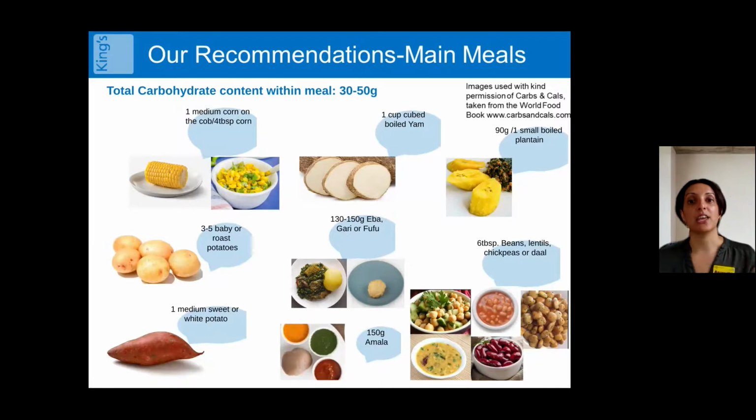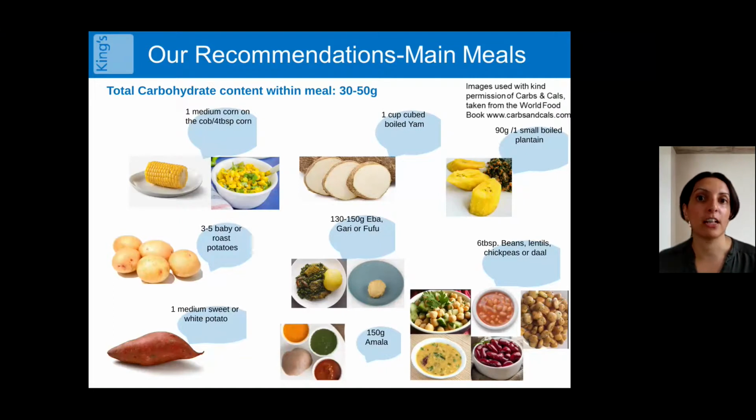So you might find if you're having a meal where you're serving up more than 1 carbohydrate food on the plate, you might wish to try having smaller portions of each of those foods as a better balance to your meal. And then you can always add in more of your non-starchy vegetables, like any green leafy vegetables, for example. So cabbage, spinach, kale, broccoli, green beans are a great addition.